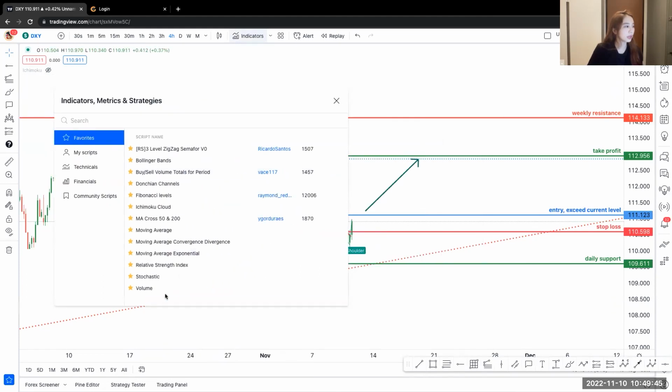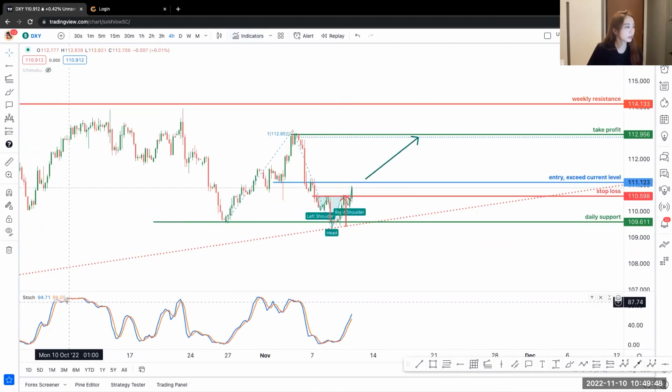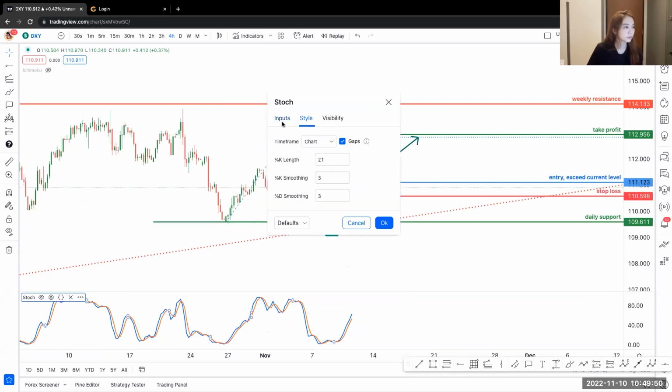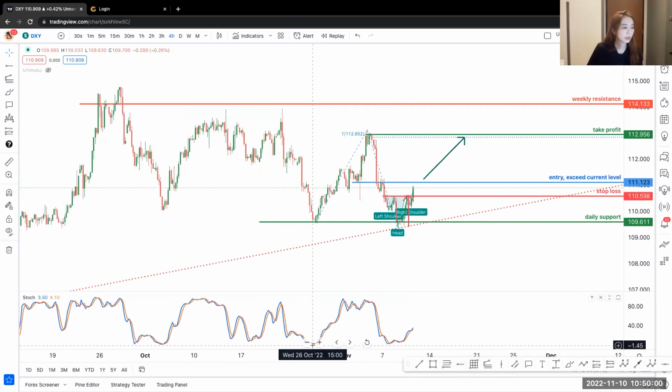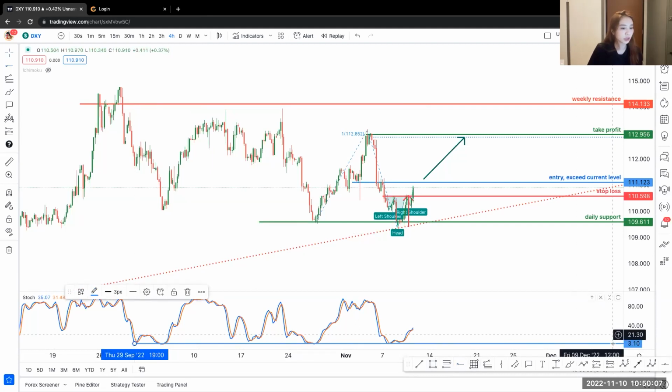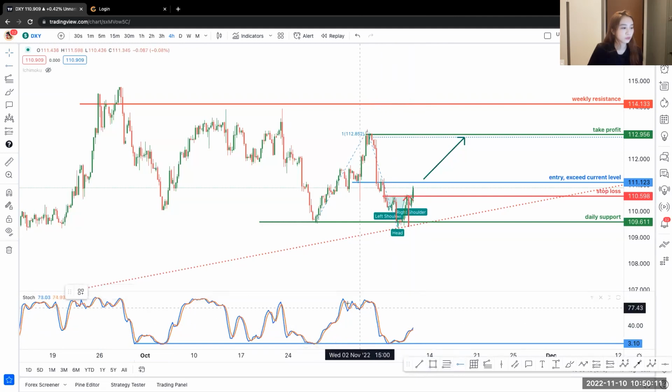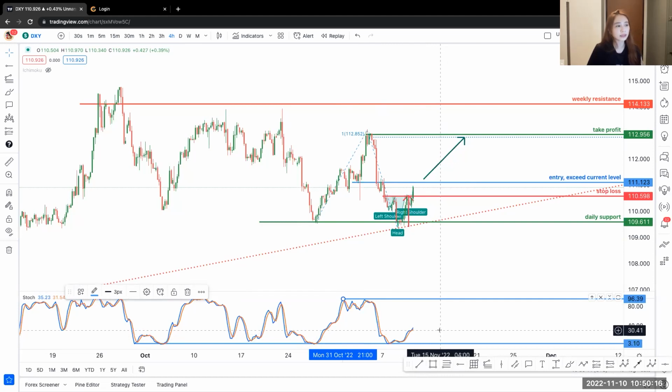Let's look at our stochastics. We are looking at a support level that the stochastics recently touched at 3.10. There's a high chance the stochastics will still move up to the resistance level at 96.39, which also means there's a high chance for price to keep moving up.